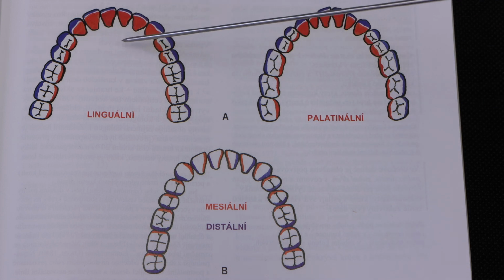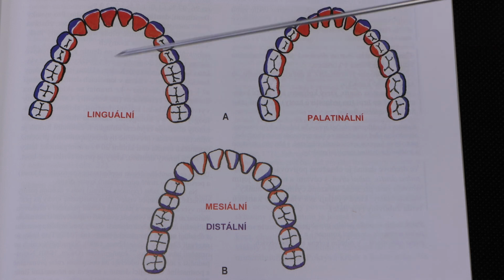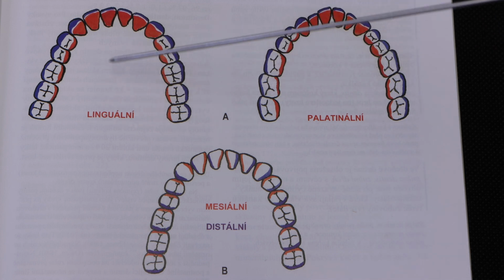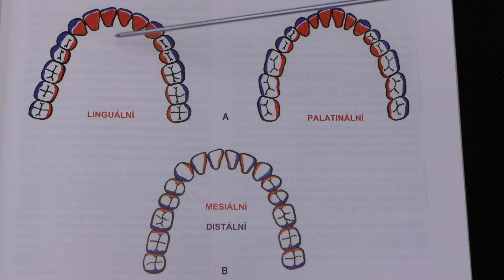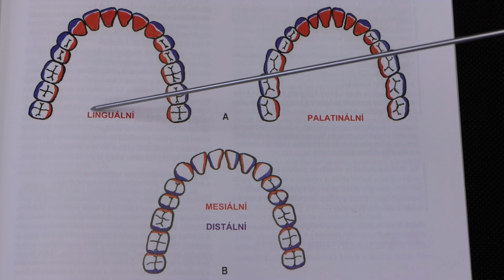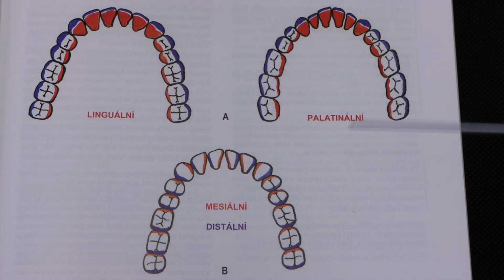Then the inner surface is called the oral surface. For the lower jaw, instead of oral surface, you can say lingual surface, and for the upper jaw you can say palatine surface.